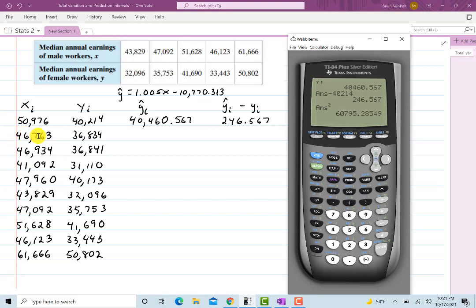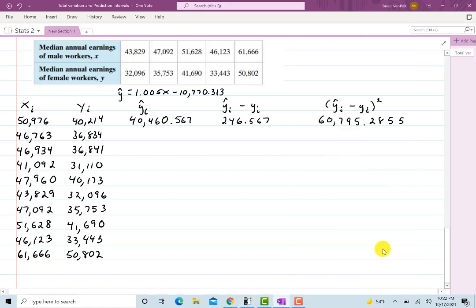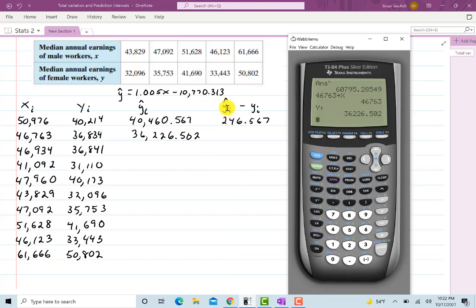So this time I'm going to put in my 46763. I'm going to store that in for x, like so. Go to vars, yvars, function y1, enter. I get 36226.502. Now let me get y hat minus y.